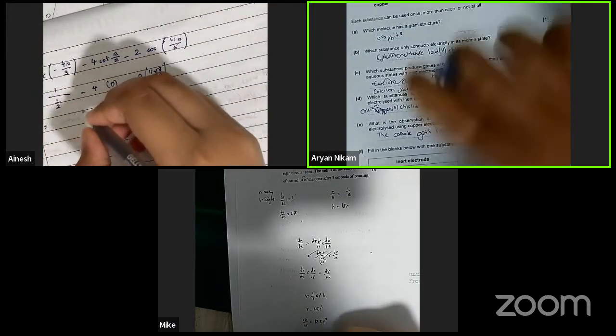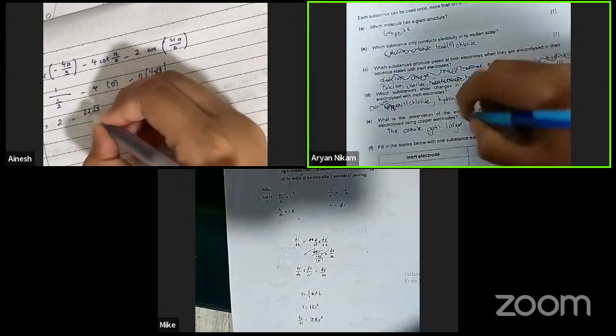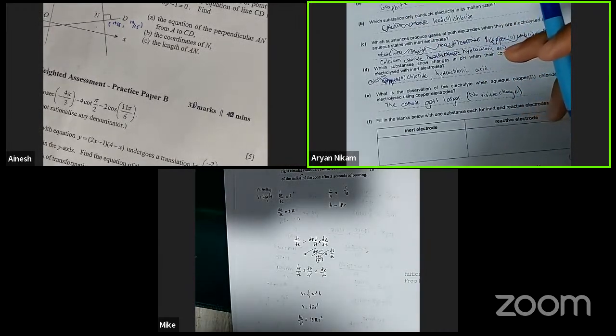What about part E? What's the problem? The answer key says that there's no visible change. What's the observation of the electrolyte? But they're asking for the electrolyte, not the cathode. The cathode is not the electrolyte, you understand? So they are just asking what happened to the electrolyte. So what happens to the copper chloride, basically? Oh yeah, there's no change. Why not?